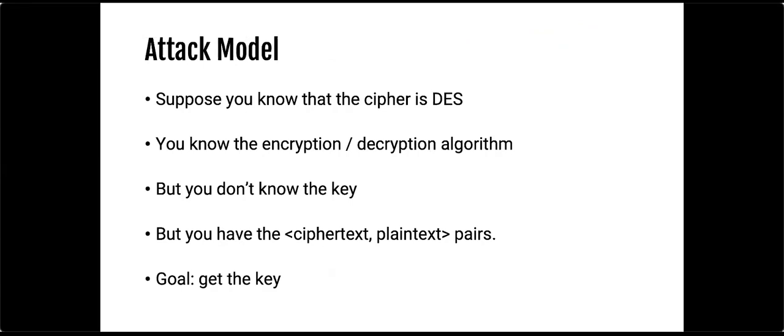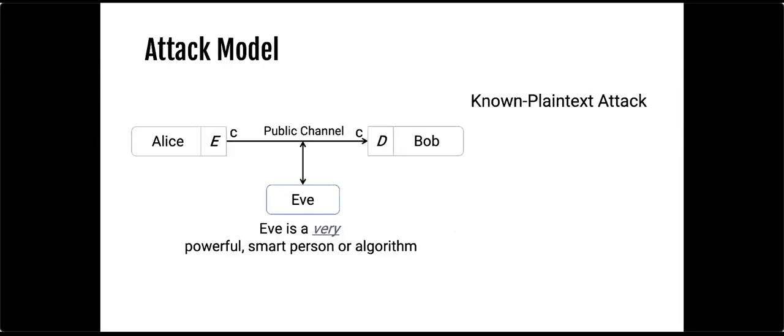So let's suppose that you know, or let me just go to this picture first. So you're the person, Eve, and you're in the middle of the communication of Alice and Bob. You know that Alice and Bob are using DES. So you know the cipher that they're using, which is the DES cipher.